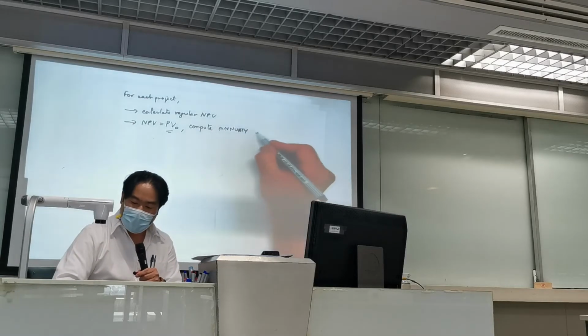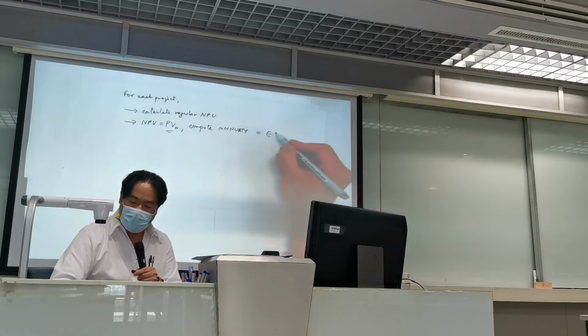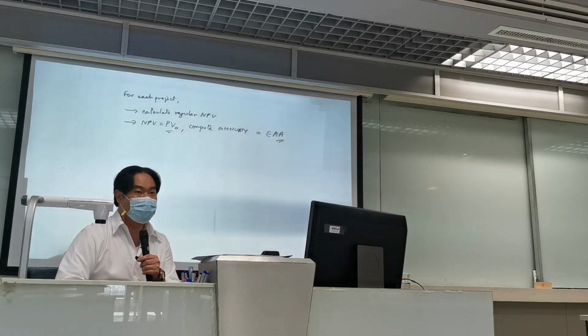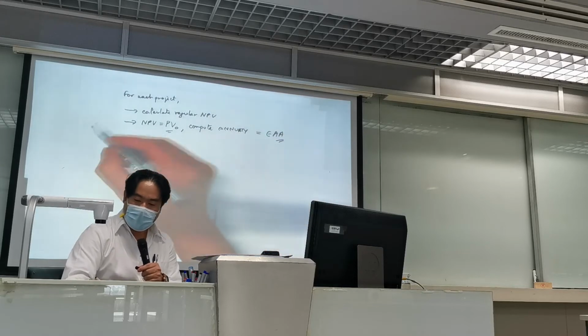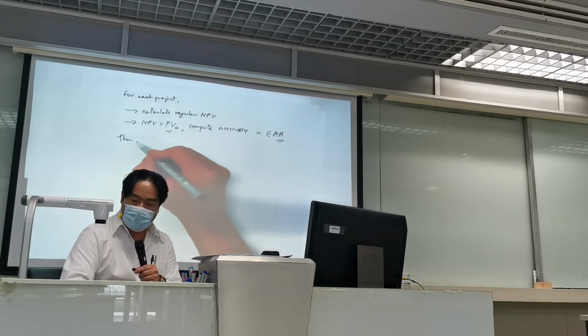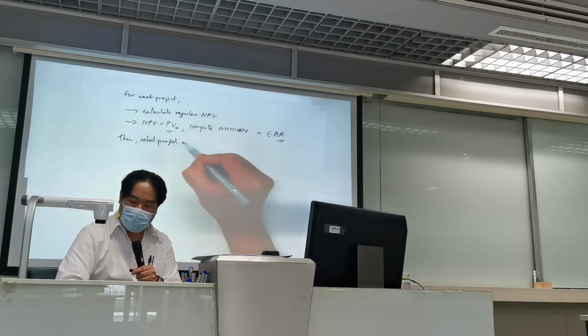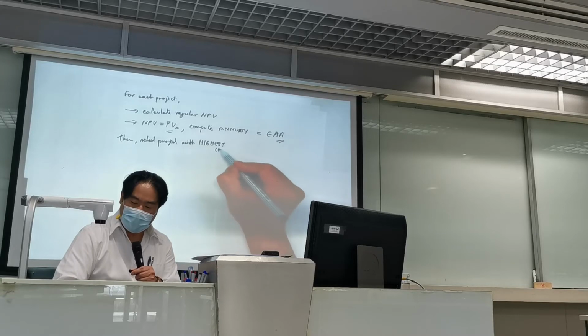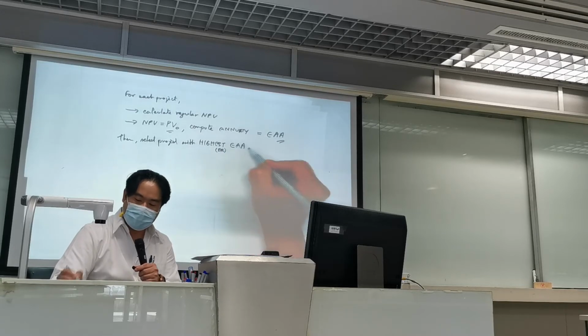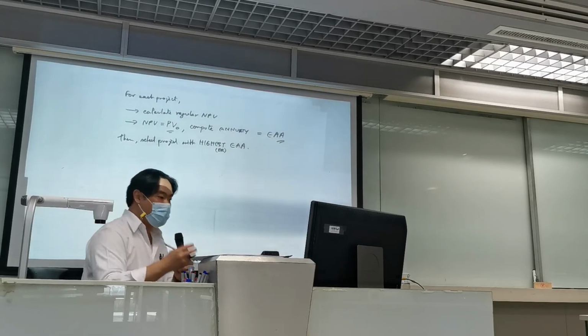That annuity is what we call equivalent annual annuity or EAA. Then we are going to select project with highest or higher EAA. This is the process.